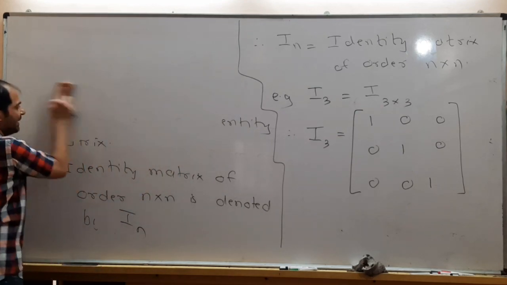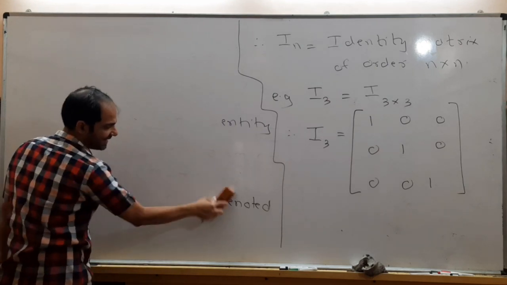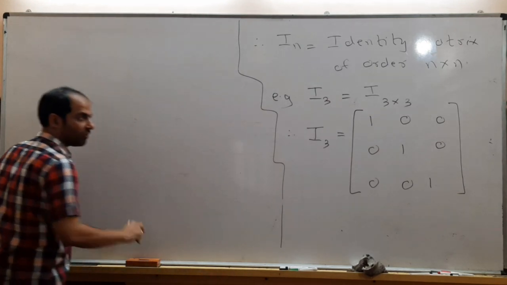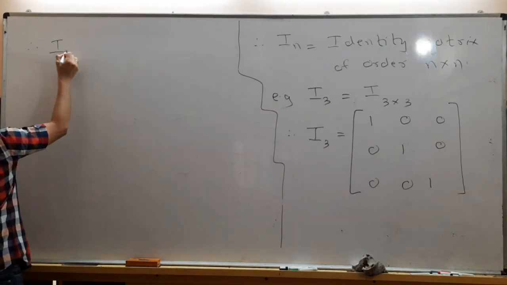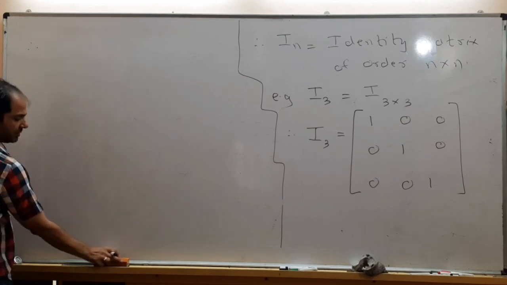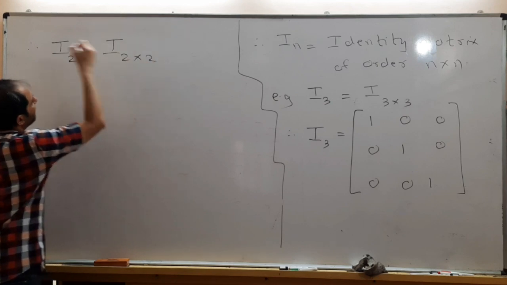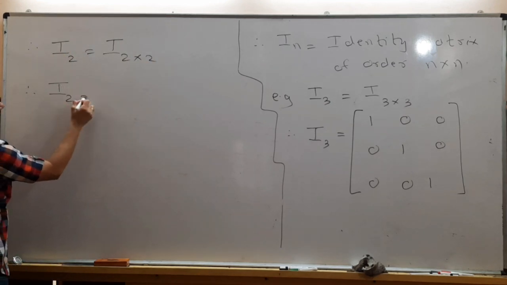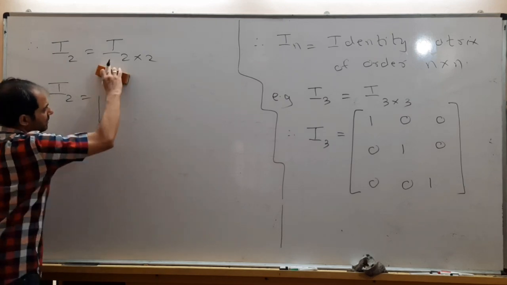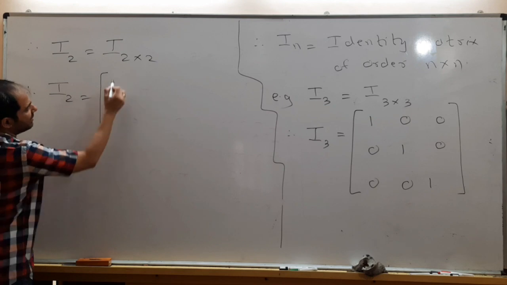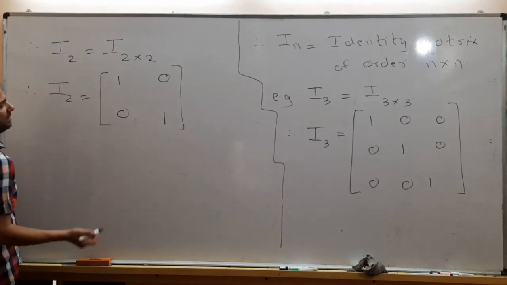I2 is identity matrix of order 2, or you can say 2 cross 2, and I1 will be identity matrix of order 1 cross 1, that is 1. I2 is I 2 cross 2, but we prefer to write I2, and at the diagonal elements are 1 and non-diagonal elements are 0.